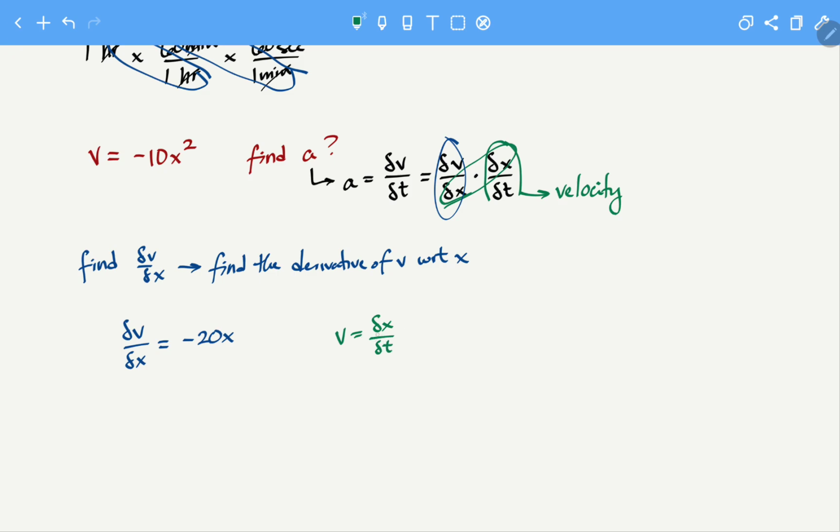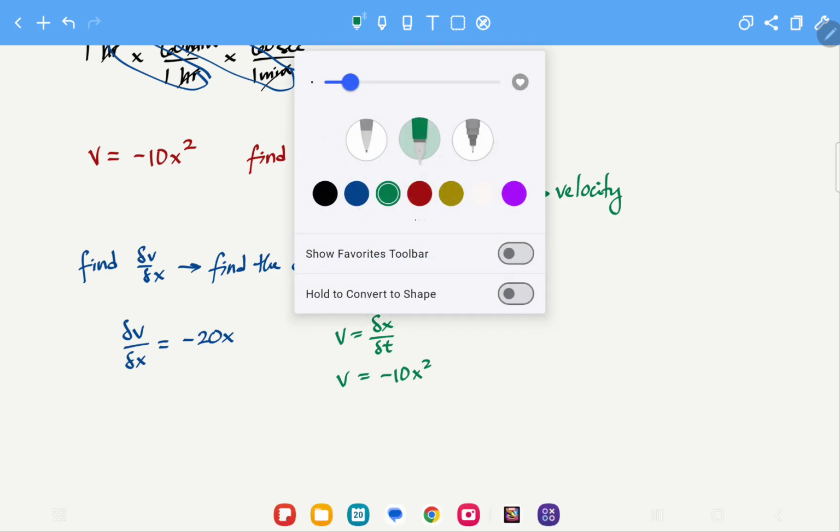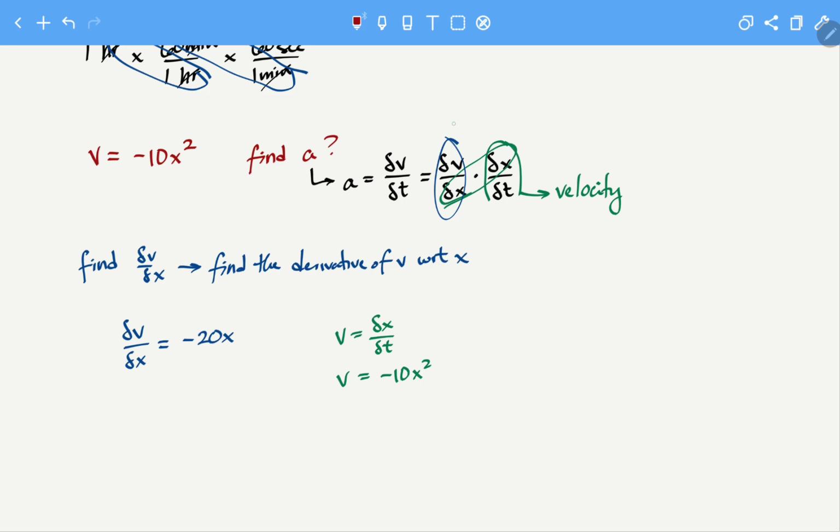And if we use our equation from above, we can get v equals negative 10x squared. And if we then plug all that in, we can combine our equations. If you think of it, this is like part 1 and part 2, and so we're going to multiply them together. So this right here is my part 1, dv dx.